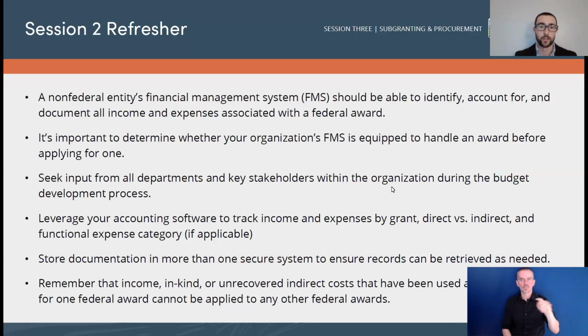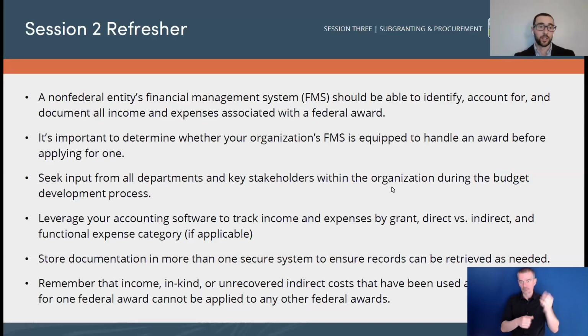In session 2, we covered financial management systems and the requirements for an entity's financial management system: what it needs to be able to do, that it needs to identify, account for, and document all income and expenses associated with your federal award. It's important to determine whether or not your financial management system is equipped to handle an award before you apply for one.